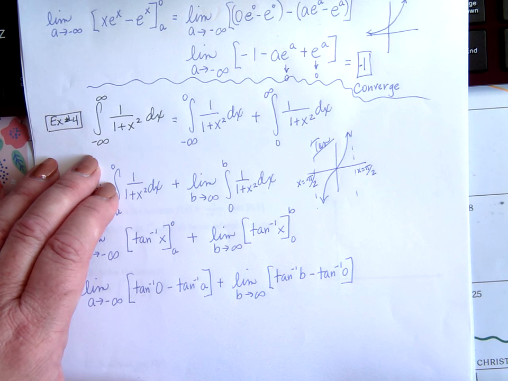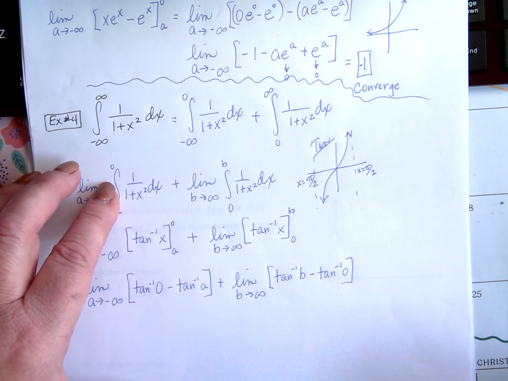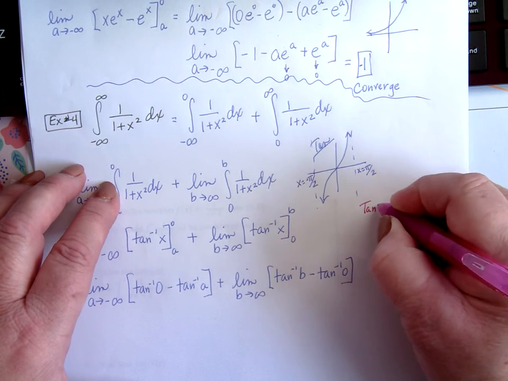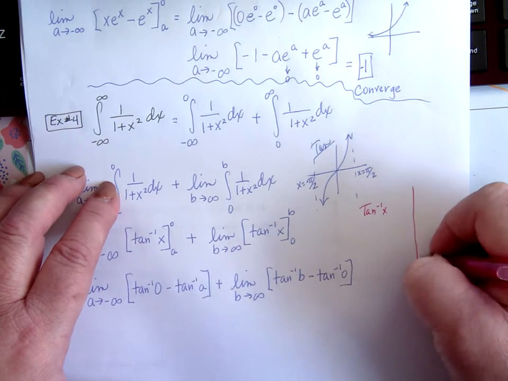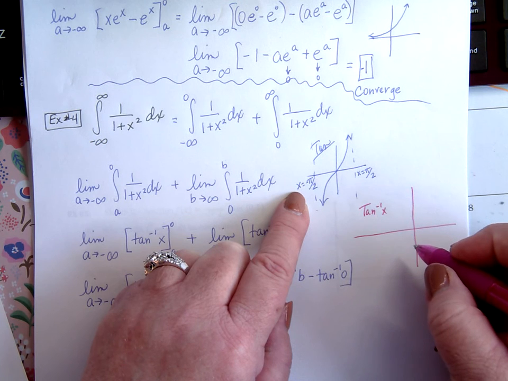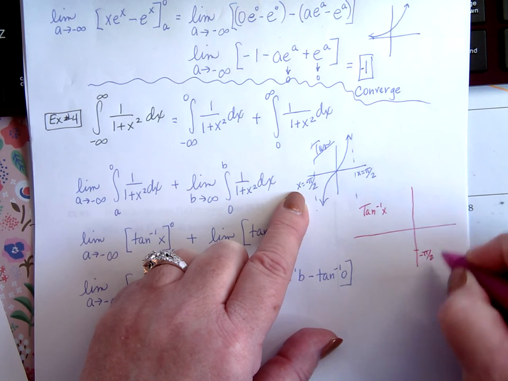Well, when you do the inverse tangent, your x's and your y's have switched. And so here's what the inverse tangent graph actually looks like. Tangent to the -1 of x. You're going to take that graph and flip your x's and y's. So now your x's become your y's, which means that this is going to be a -pi/2 and a +pi/2.